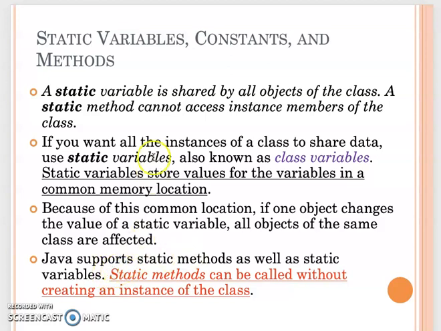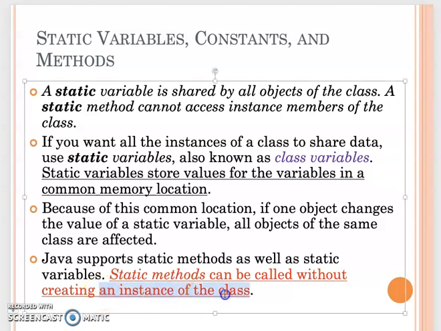The same thing applies to the static method: static variables and static methods don't need any object to be created. A static method can be called without creating any instance of a class. The instance of a class means an object.